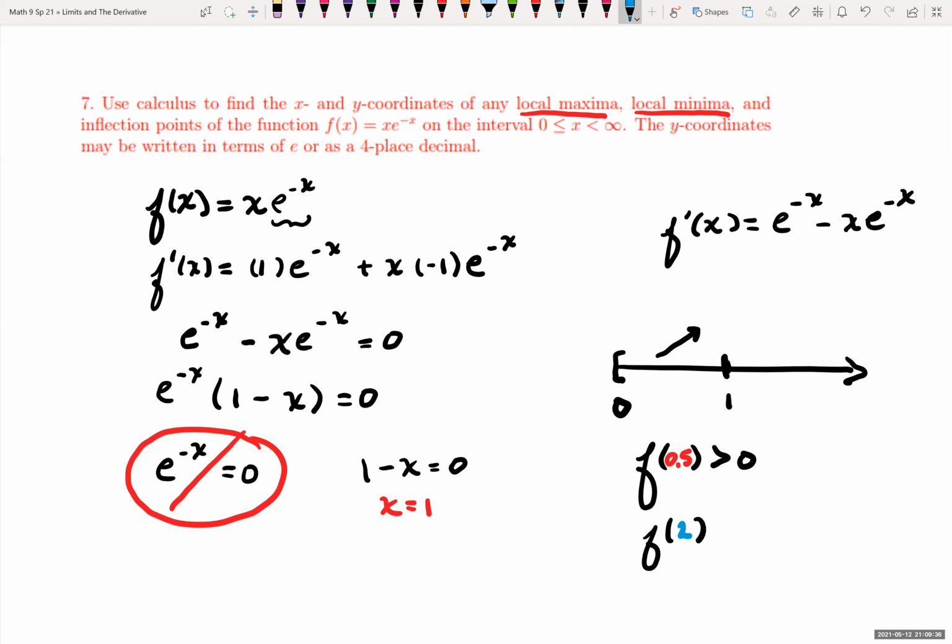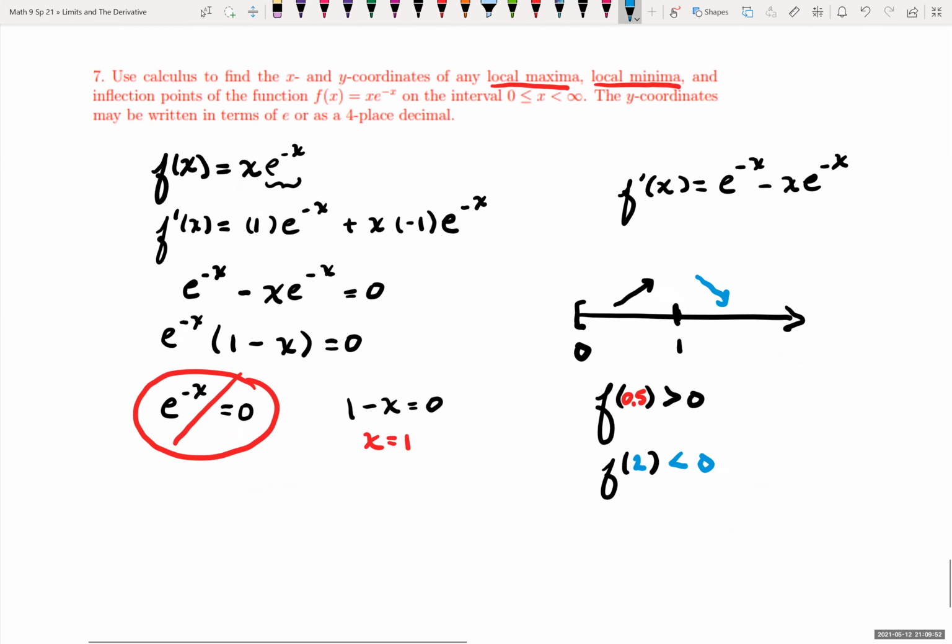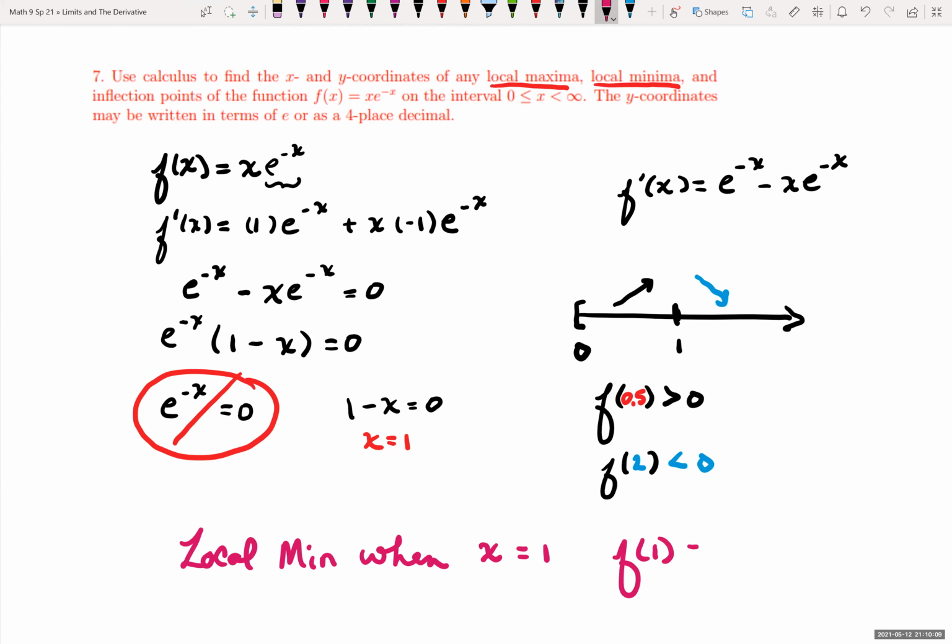And we get that this is less than 0, so it's decreasing. Okay, so I can see that I have a local min when x equals 1.